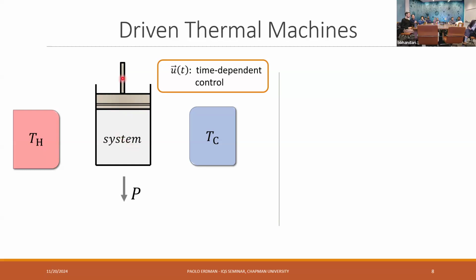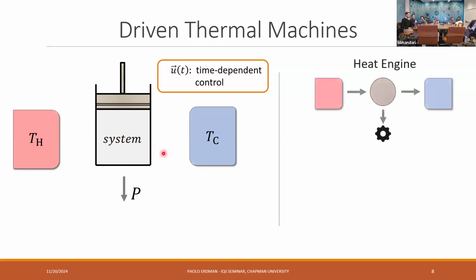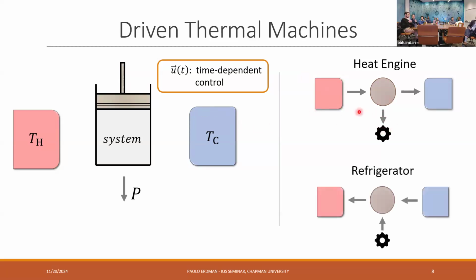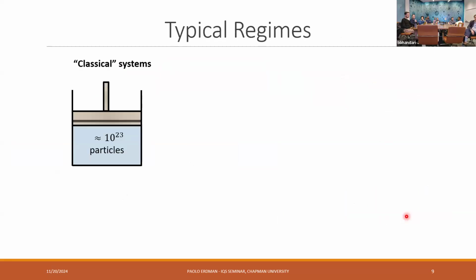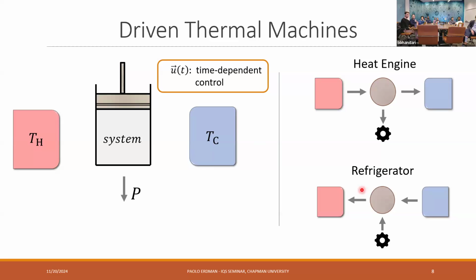And we could also influence the state of the system. And then we could study, for example, the heat engine, where we want to extract work from a temperature difference. Or we could study the refrigerator, which is where we want to extract heat from the cold bath by putting work into the system.